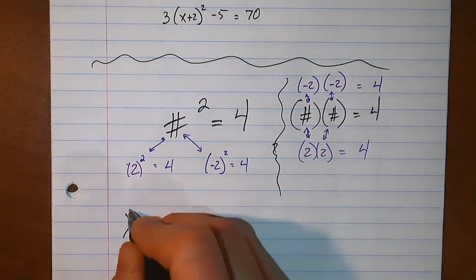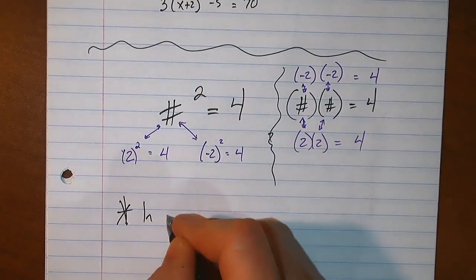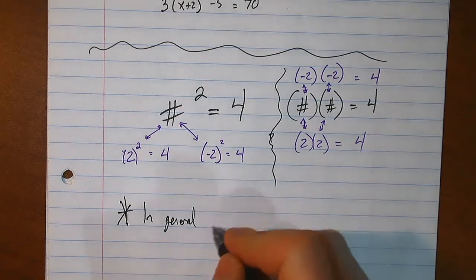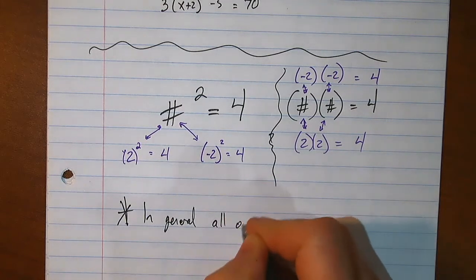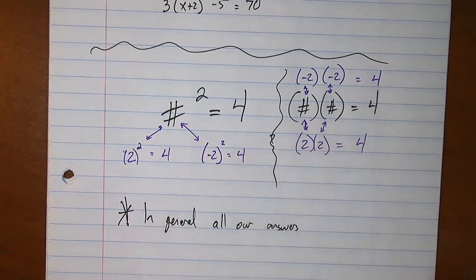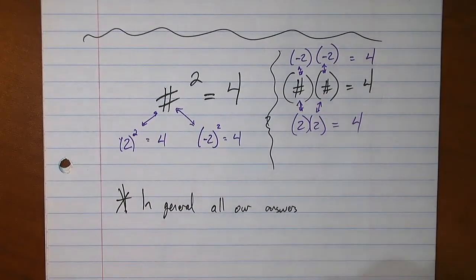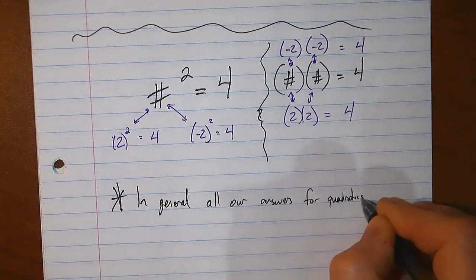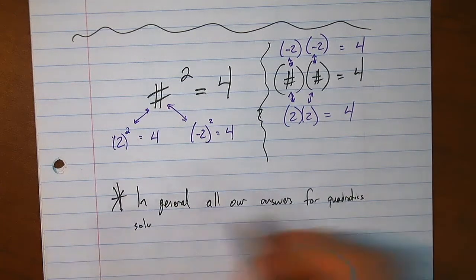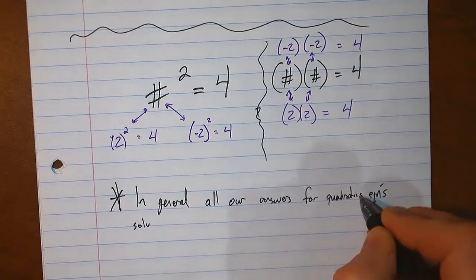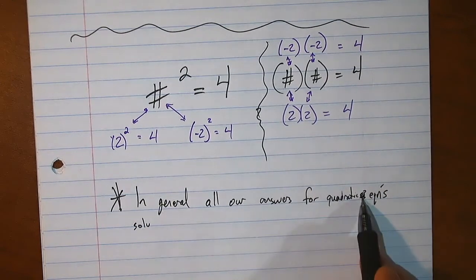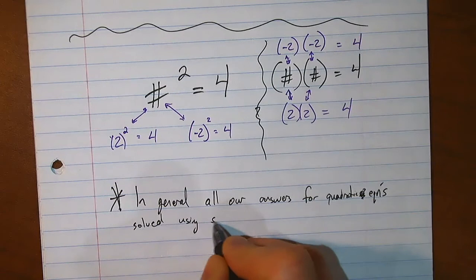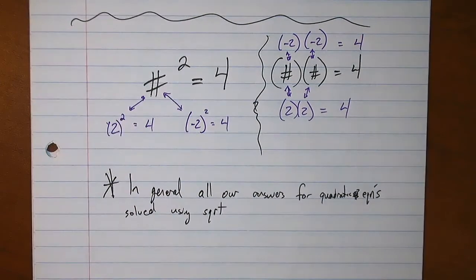So in general, this is going to be a key thing for us. In general, all the answers that we come up with in this particular method of solving using square roots, so for quadratic equations solved using square roots, I'm just going to abbreviate square root, if that's okay, SQRT.